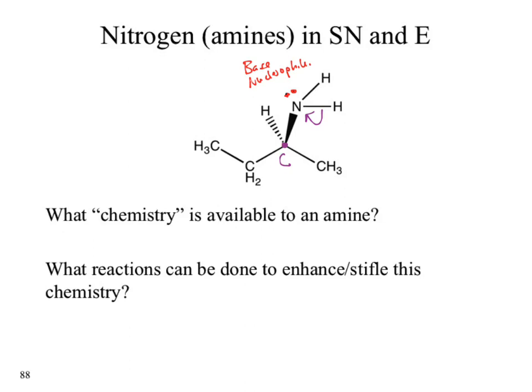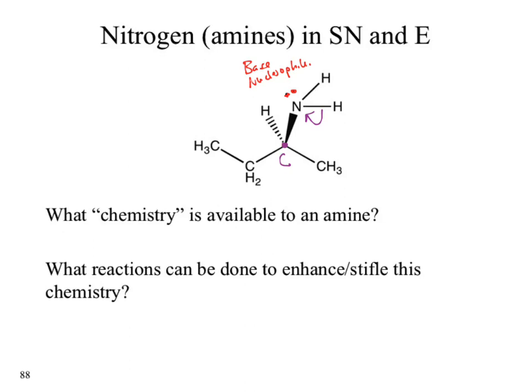Okay? Nitrogen has even lower electronegativity. It doesn't have enough characteristics to remove the electrons. It can't act as an acid. It does still have the electrons, which means it could act as a base. So that's the big chemistry for nitrogen, is it can act as a base and a nucleophile. And that's pretty much it when we look at the amine functionality.